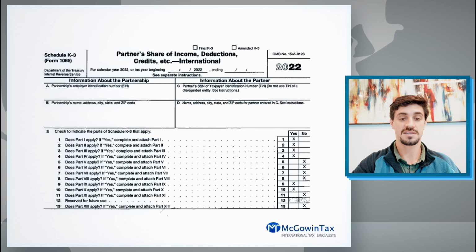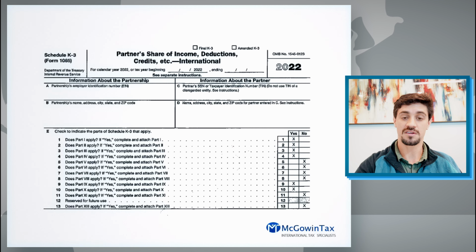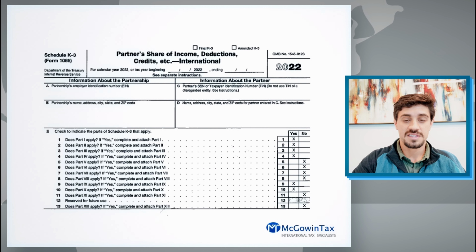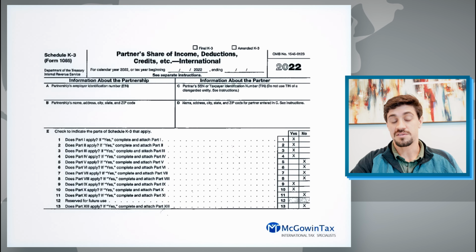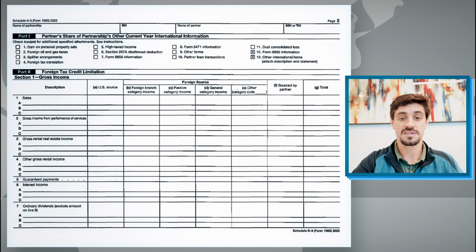So the 926 example. Generally I would have looked at the K-1 first to get an idea of what the income makeup is and the ownership information, though that's not that critical on the 926 side. The K-3 itself doesn't give us much information because there's not a part associated with the 926.